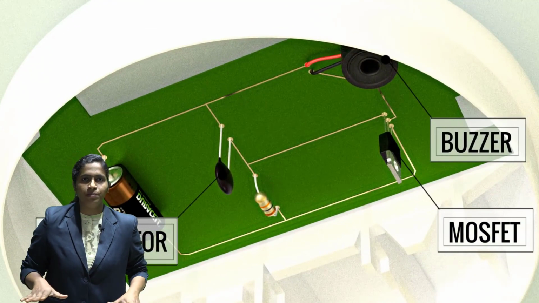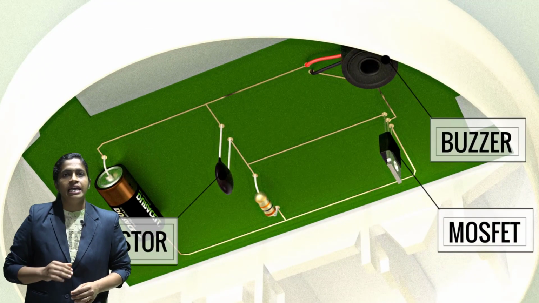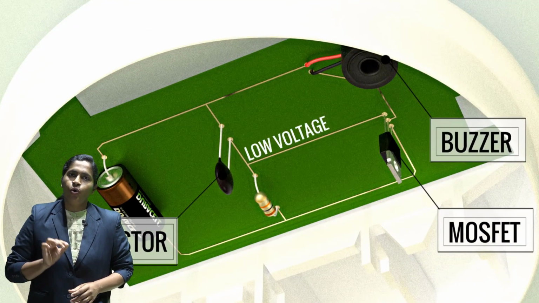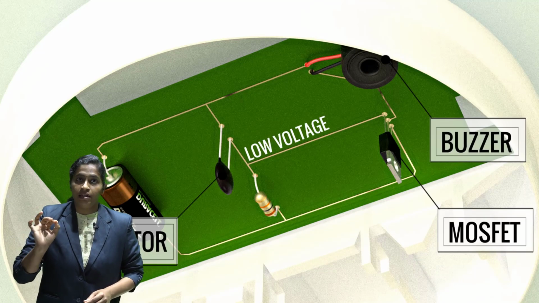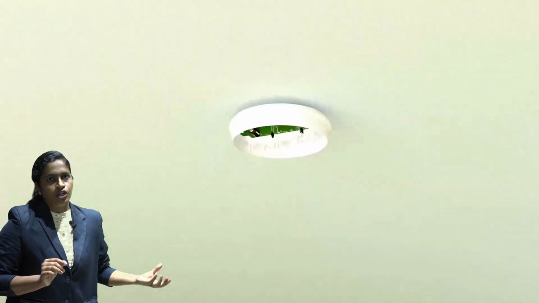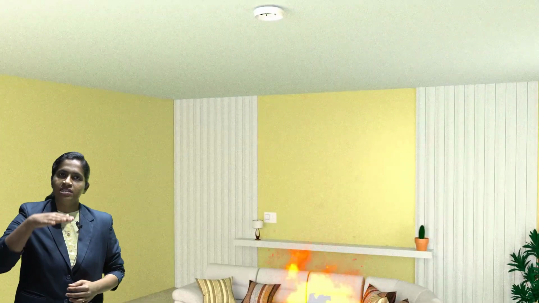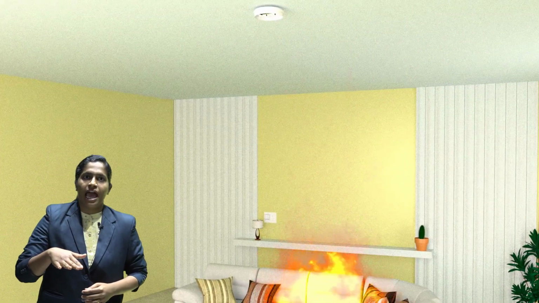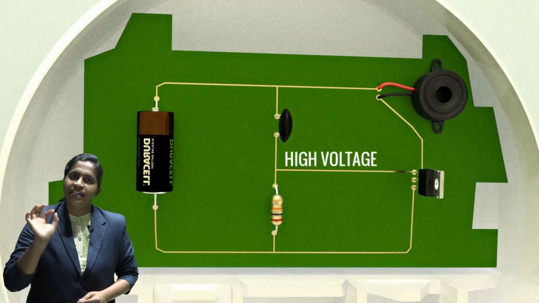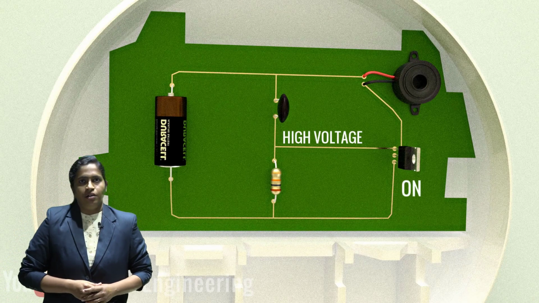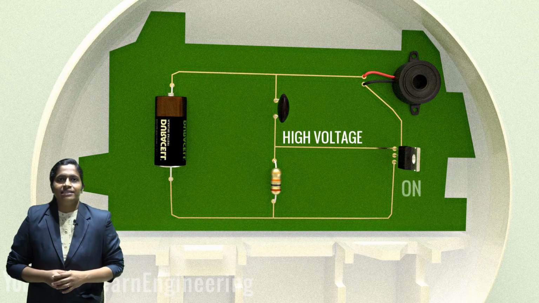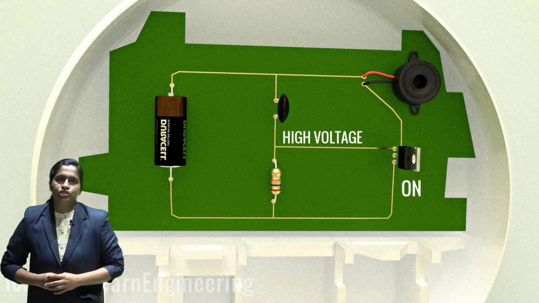Initially, at room temperature, the resistance of the thermistor is high, so the voltage at the gate terminal is very low and the MOSFET cannot turn on. Once the room temperature increases, the resistance of the thermistor decreases, the voltage applied at the gate terminal is high, the MOSFET turns on and we can hear the alarm. This is an example of using a MOSFET as a switch.